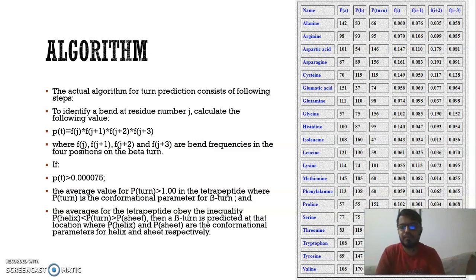Here, f at j plus 1, j plus 2 and j plus 3 are the band frequencies in the 4th position of that particular beta turn. If the propensity value is more than 0.00075, then we can say that the particular residue can exist there.